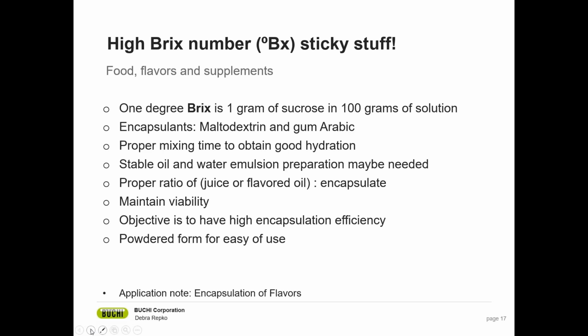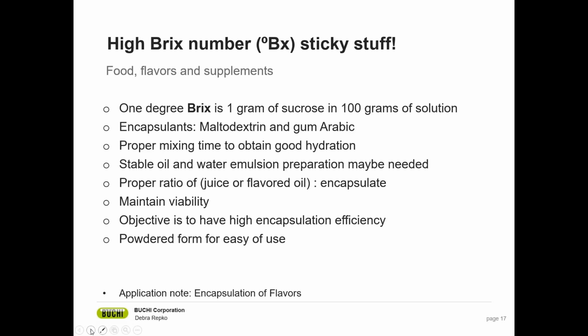And 1 brix is defined as 1 gram of sucrose for every 100 grams or mils of a solution. The higher degree of brix that I have, the more sticky the solution is going to be. So I need an encapsulant. So you're going to need to pick an encapsulant that works best for your end product. Typically flavors would be maltodextrin and gum arabic.